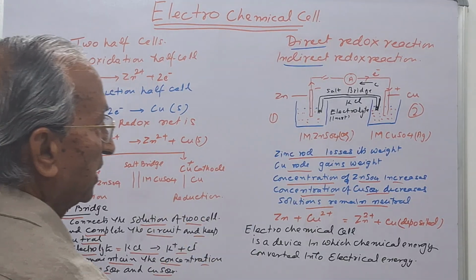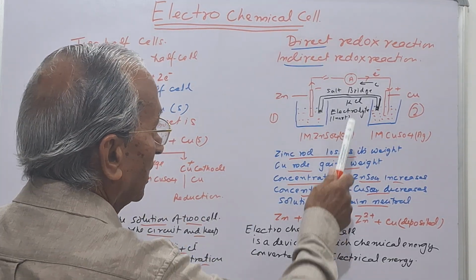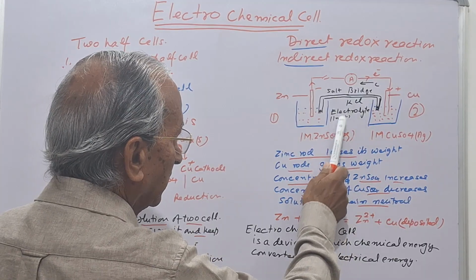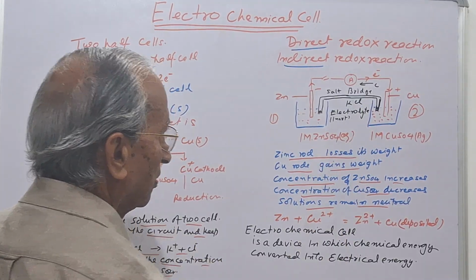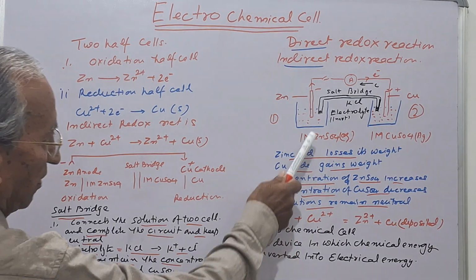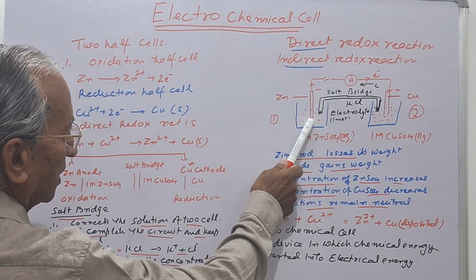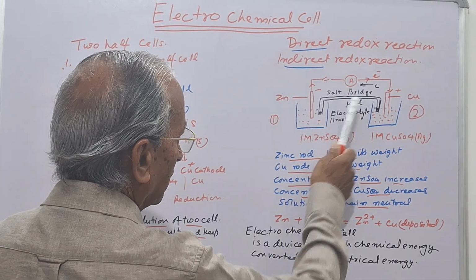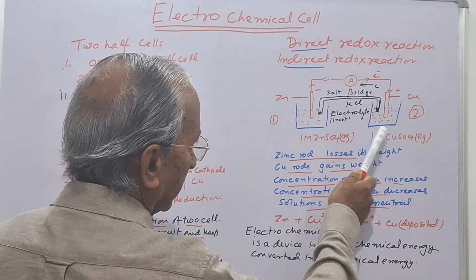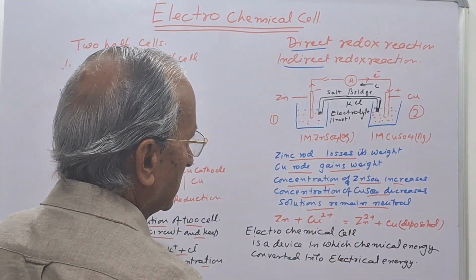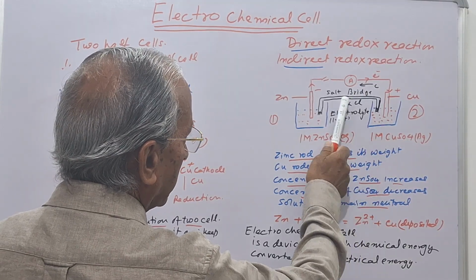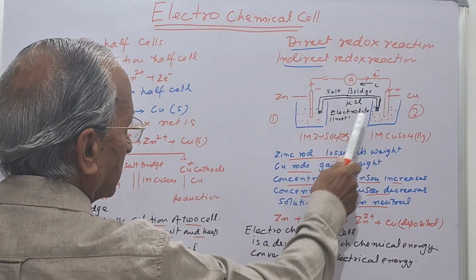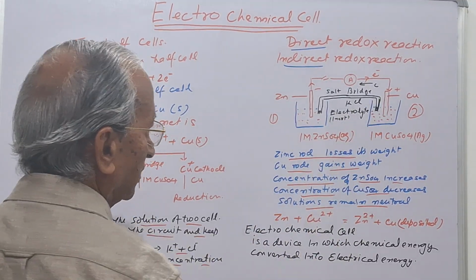Now to maintain the concentration of the electrolytes, zinc sulfate and copper sulfate, the inert electrolyte gives potassium and chloride ions. Whenever zinc ions increase, zinc ions and chloride ions neutralize each other. In the same way here, when sulfate ions increase, that is neutralized by the potassium. So the very important role of the salt bridge is to maintain the concentration of both the electrolytes.